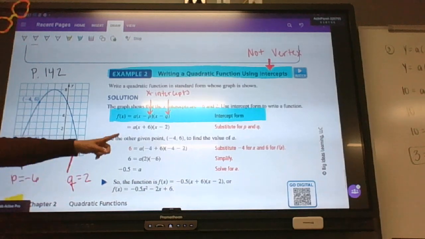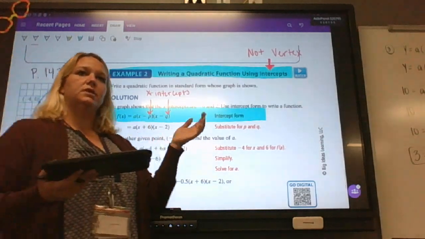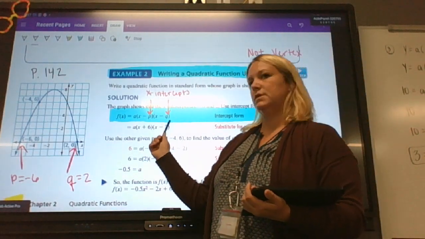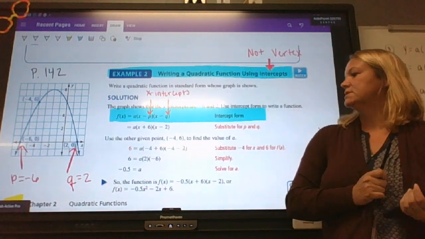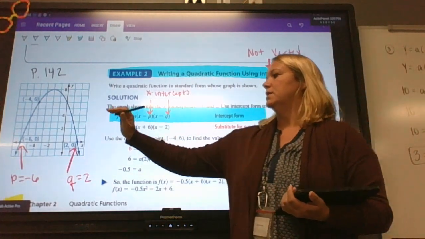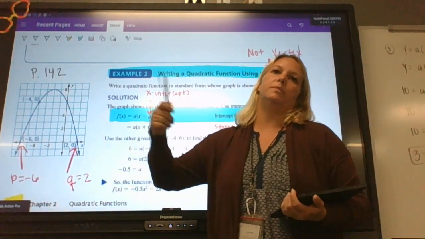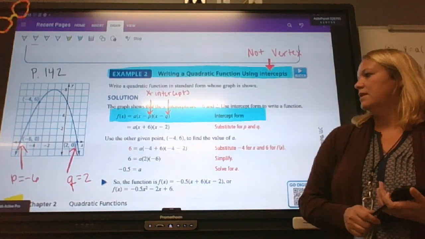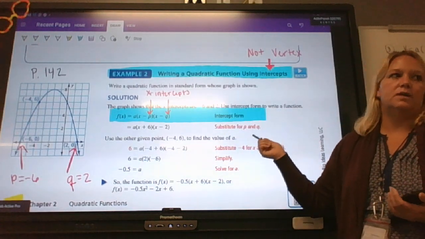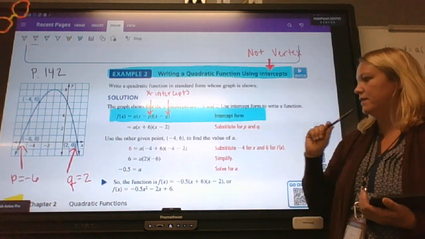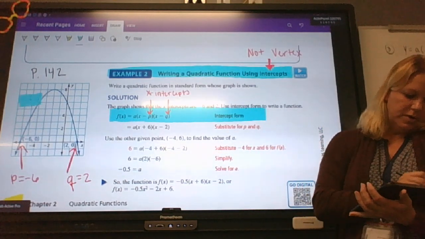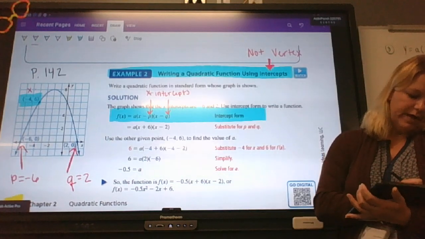These numbers get plugged into intercept form. Just like we plugged in h, k, this time it's p, q. Does it matter which one is which? No, you can switch them. This one could be called q, this one could be called p. So you substitute in for p and q instead of h and k, and then you use the other point. You'll be given some other random point, and this is x and y.